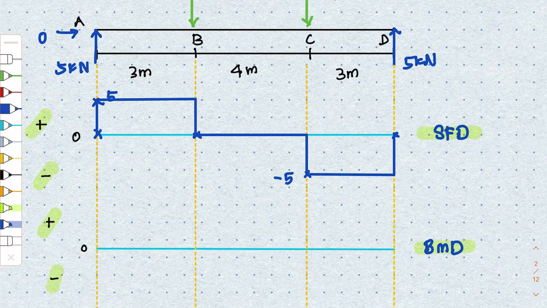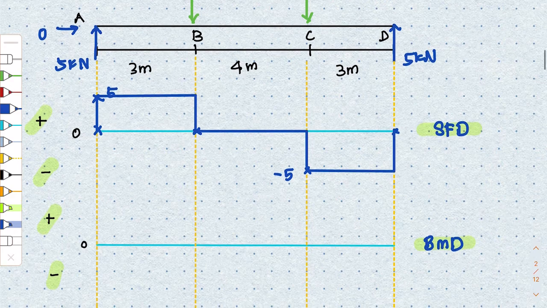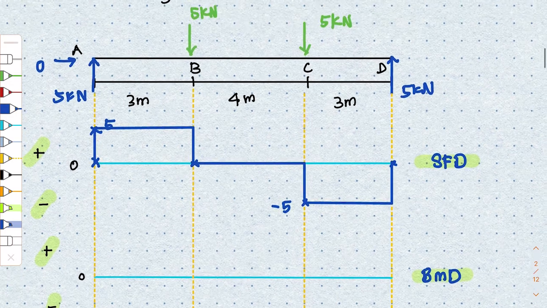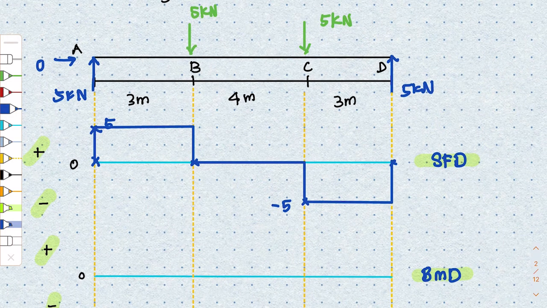Next is we need to calculate or draw the bending moment diagram. To calculate bending moment, nama pun bending moment, which is it is a moment. So bila moment maksudnya force darab dengan distance. So force darab distance, kalau you tengok BMD, ada tak dalam beam ni any rotation, any value of rotation?